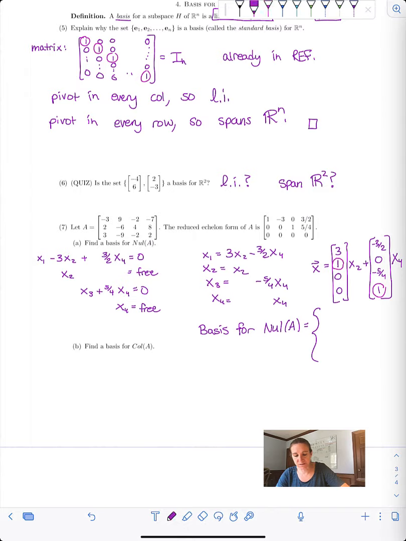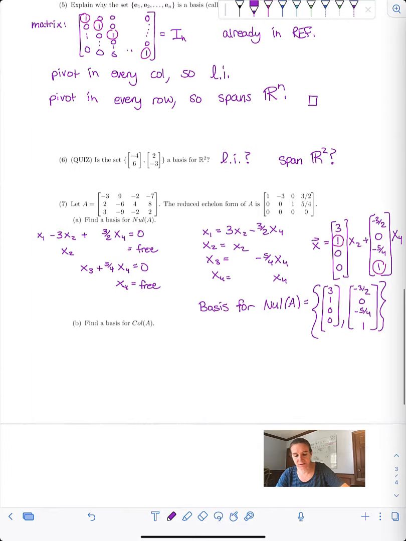So they wind up being pivots if you were to row reduce, and you're going to have a pivot in every column, which makes them linearly independent. So we just write the vectors, not the span of the vectors, because it's asking us for a basis. By saying basis, we're looking for a set of vectors, and then we take their span to get our space. You can think of a basis as a building block for our space.